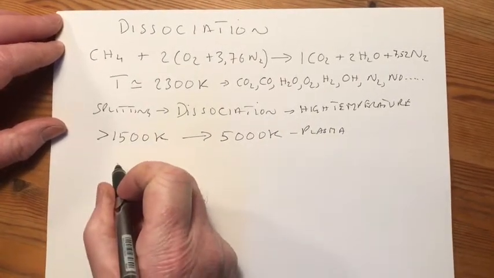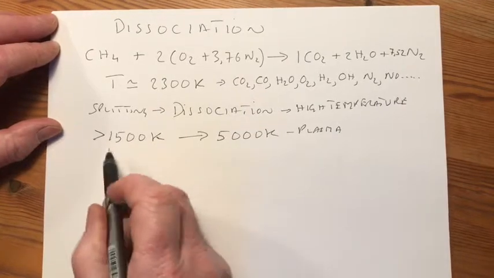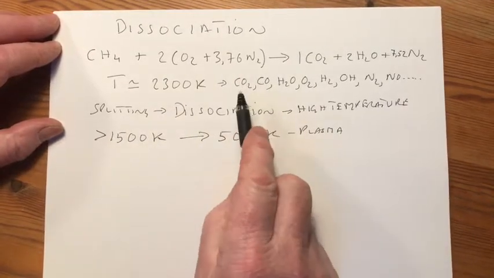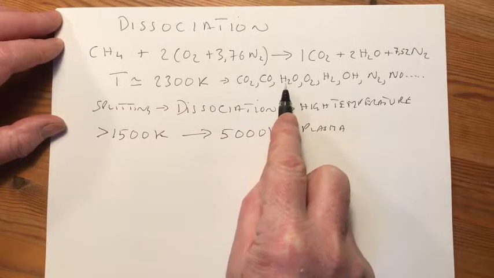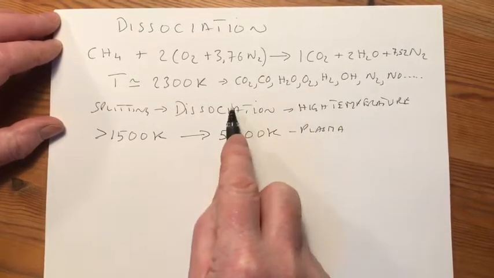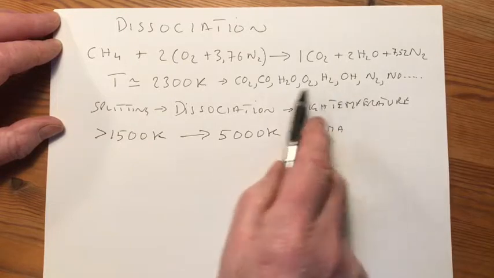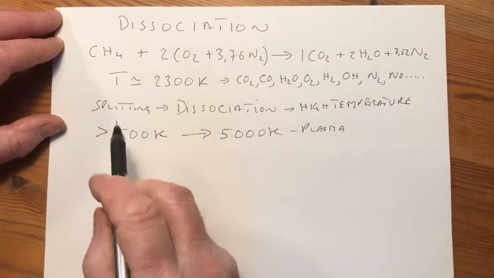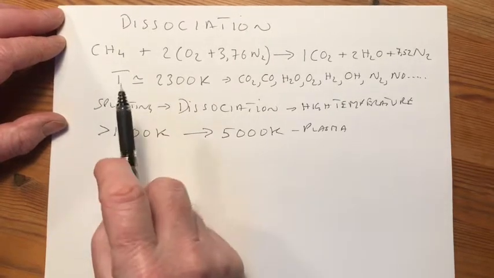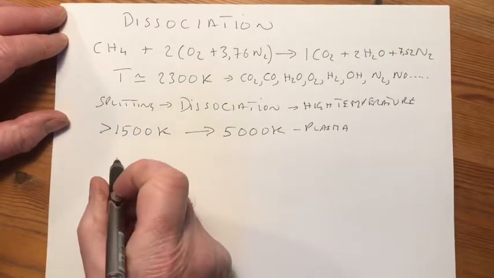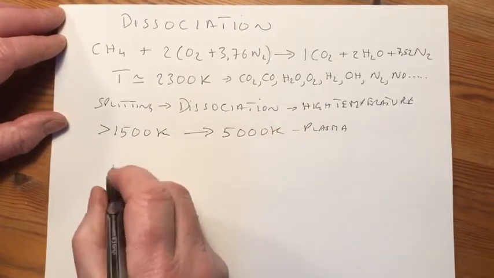So what we're going to have a look at now is how do we determine how much CO2, how much CO, and all the other components are there in the products of combustion. Now we're not going to take this reaction here with CH4, but I'll take something which is a little bit simpler. So, how do we determine that?